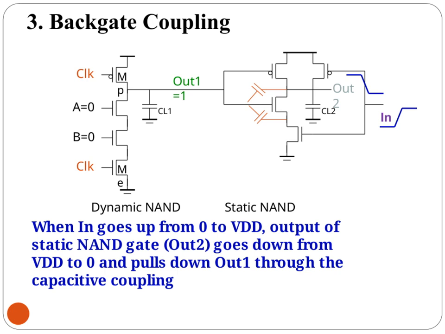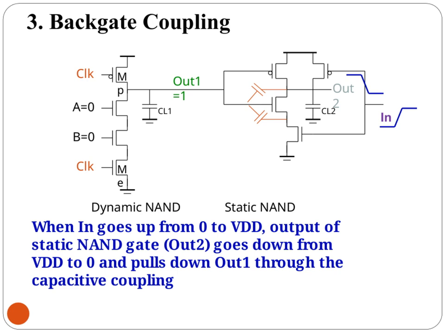Specifically, out2 pulling down causes out1 to be pulled down as well, even though out1's driver is dynamic NAND. This effect occurs because the capacitive coupling between the backgate terminals transfers the voltage change, leading to unintended voltage shifts in connected nodes. Understanding this interaction is crucial when analyzing circuit stability and timing, especially in mixed dynamic and static logic gates.